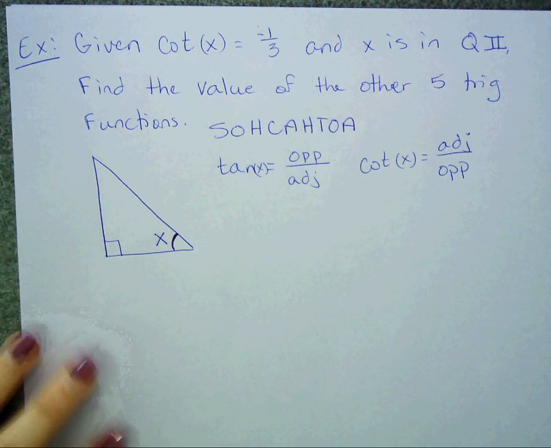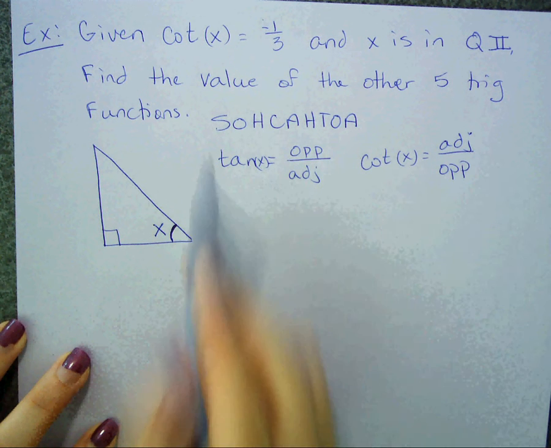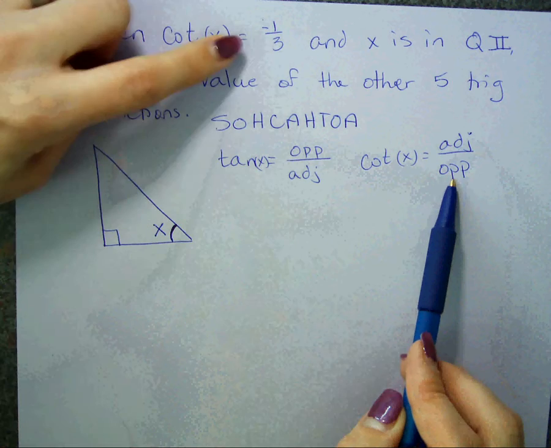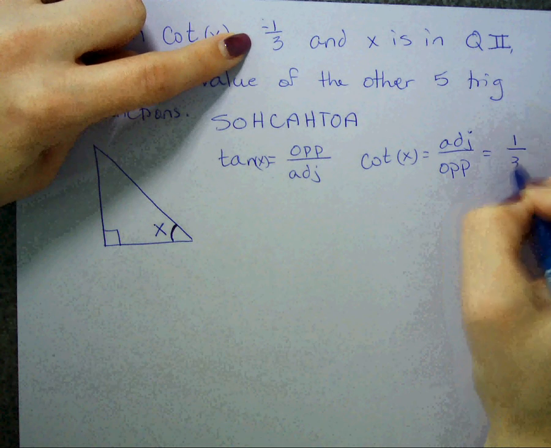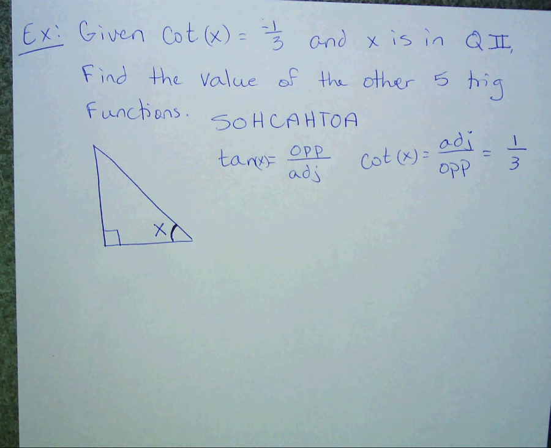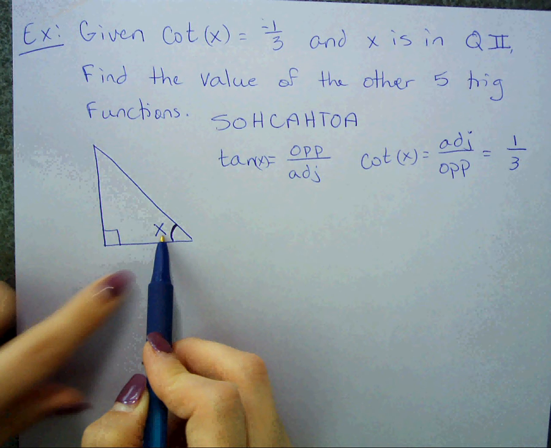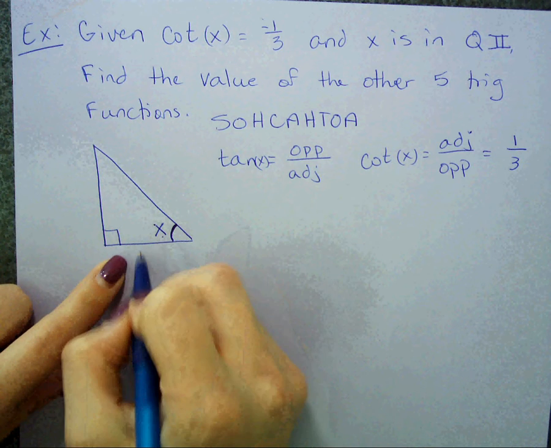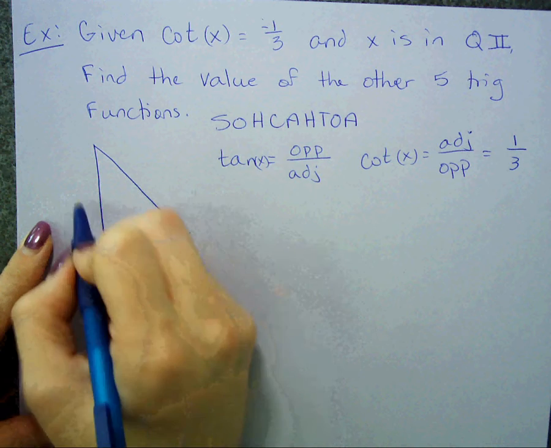And I'm going to use that to fill in my triangle. Cotangent is adjacent over opposite, and I'm given that cotangent is, I'm going to forget about the sign for a second, 1/3. So that means from x, the adjacent side length, the one next to it, is 1. And the opposite, the one across from it, will be 3.